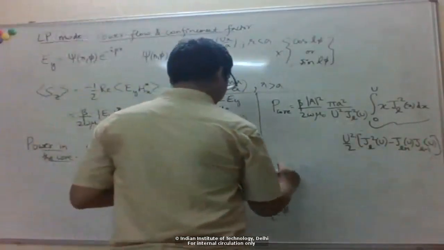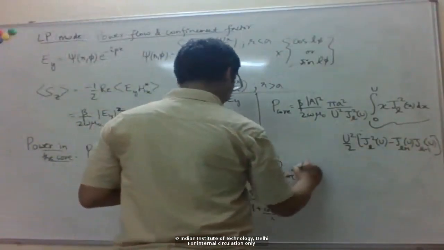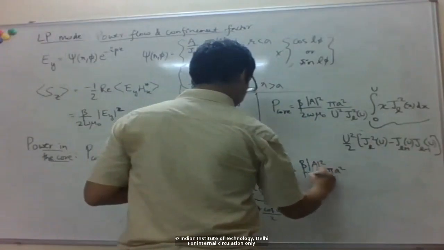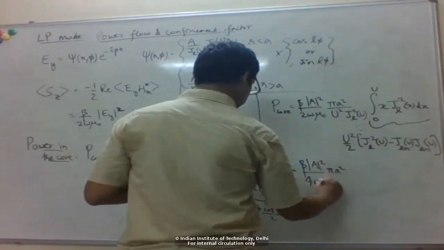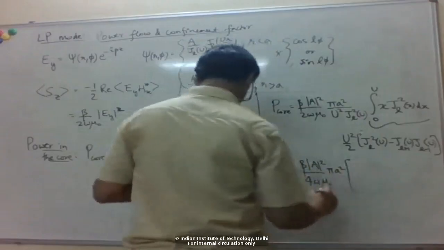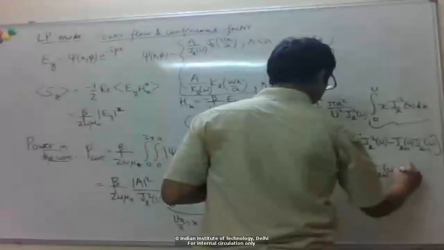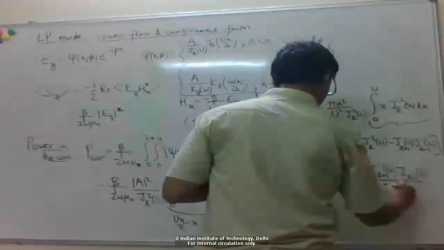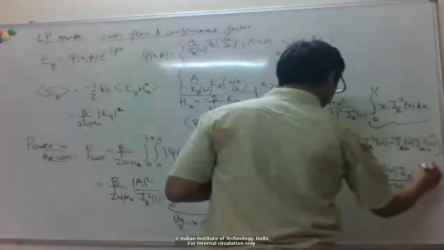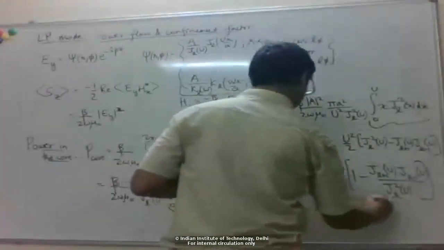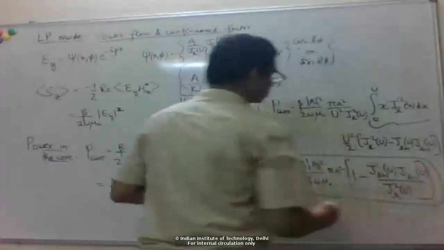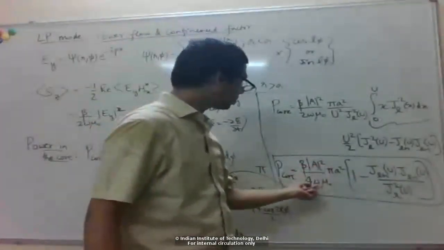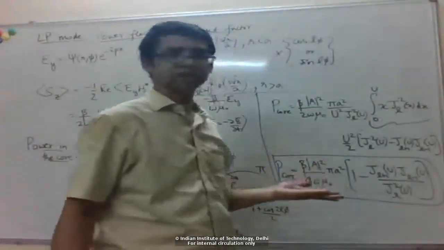So using that result, you get the power in the core. You can see this factor here, beta mod a square times 4 omega mu naught, is the same factor we got for this lab, right?